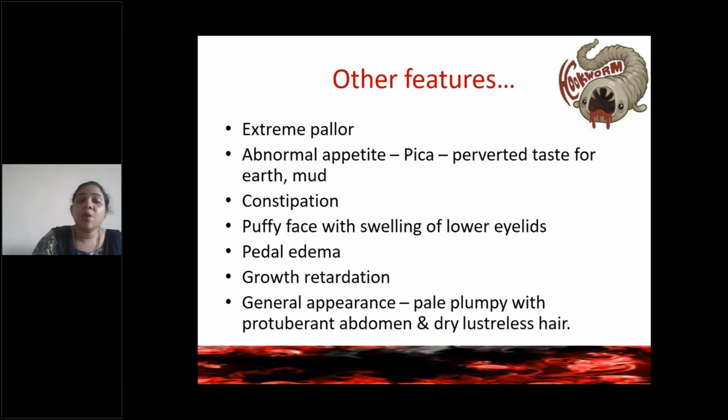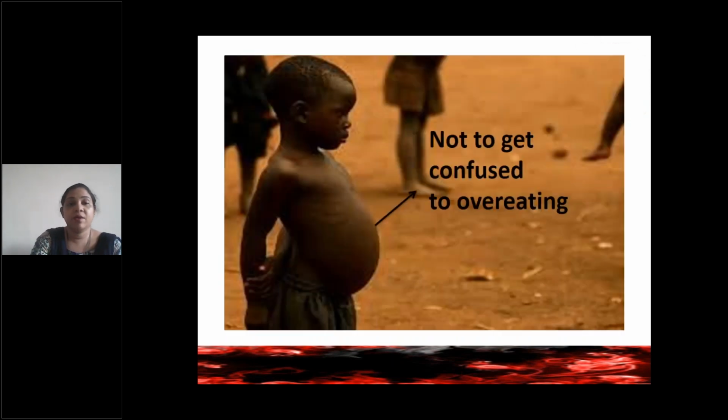Next, constipation, puffy face, swelling of lower eyelids, edema, so there is swelling of feet. Growth retardation. General appearance: pale, lumpy, with protuberant abdomen and dry, lustreless hair.